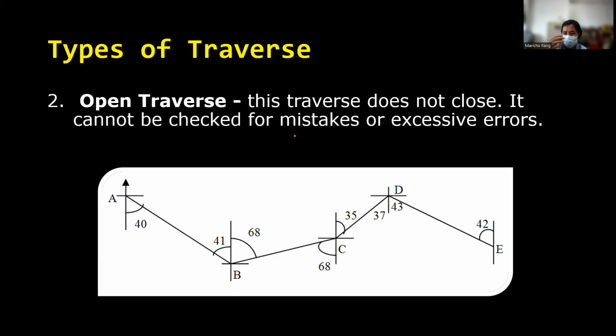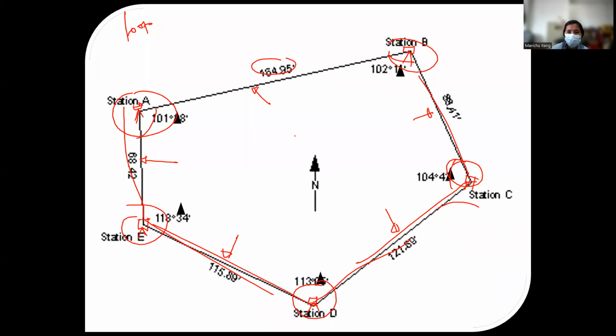So let's say for example, on our illustration, if you start at A, run to B, then you go to B, C, D, E, and then you observe A again. If there is a discrepancy in values when you read back to A, therefore, there is something wrong with the observation before that station.